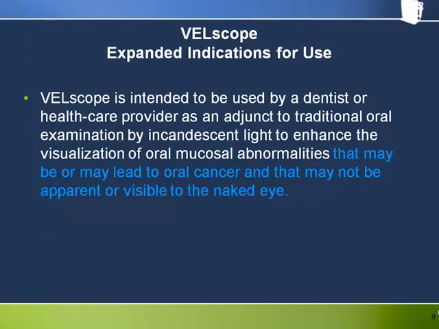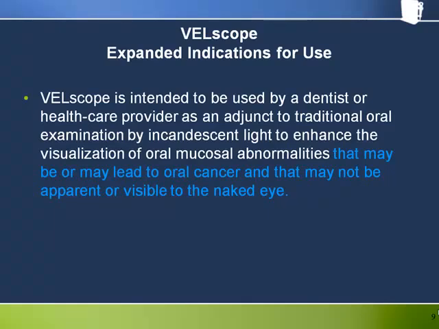That is all oral mucosal abnormalities, not just dysplasia and oral cancer. Dysplasia and cancer are noted in particular, to be sure, in the blue text, which was cleared in a second FDA 510K based on published research in the literature on its cancer-related application. Also, some of these changes, visualized through VELscope, can easily be missed with the naked eye alone. But the VELscope should be considered as a general tool to help the clinician focus on any abnormality that may present in the oral cavity.